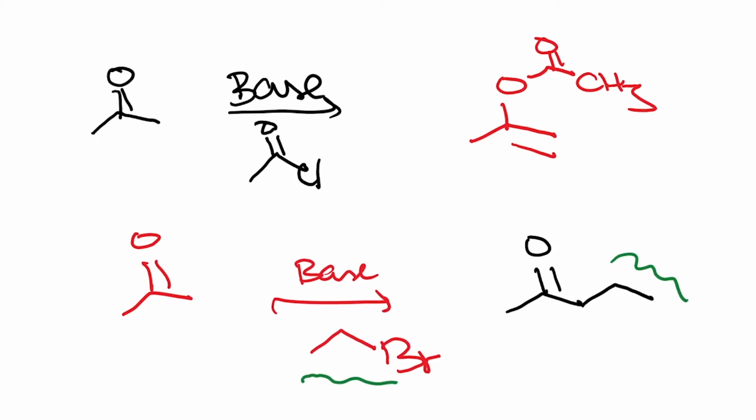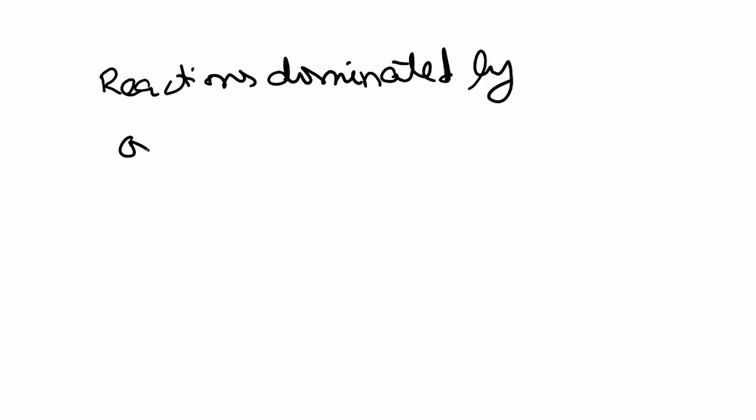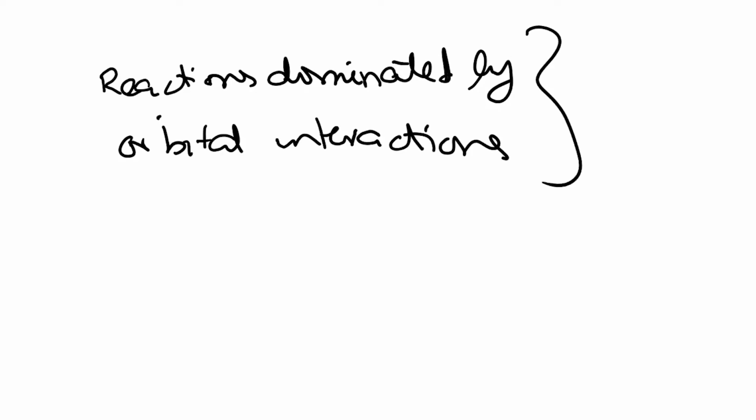Now the way we want to understand this difference in reactivity is through the molecular orbital picture. Okay, so the reactions that are dominated by orbital interactions, these are occurring at the carbon.